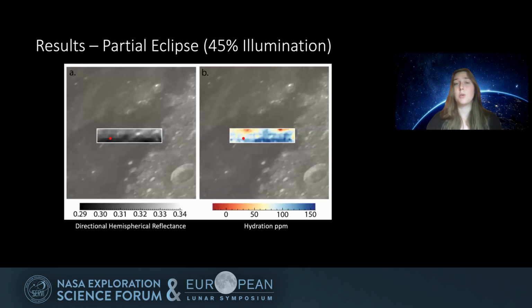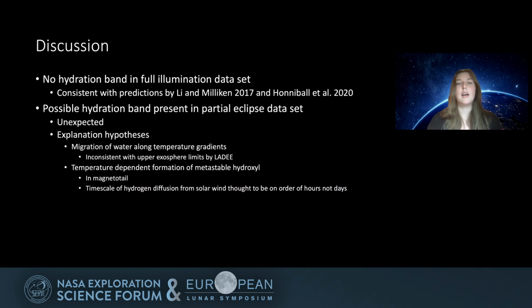If we take this 45% illumination case and translate the 3 micron band into ppm of hydration, then around the Chang'e site you can see around 50 ppm hydration, and at various other points in the map, as much as 150 ppm hydration.